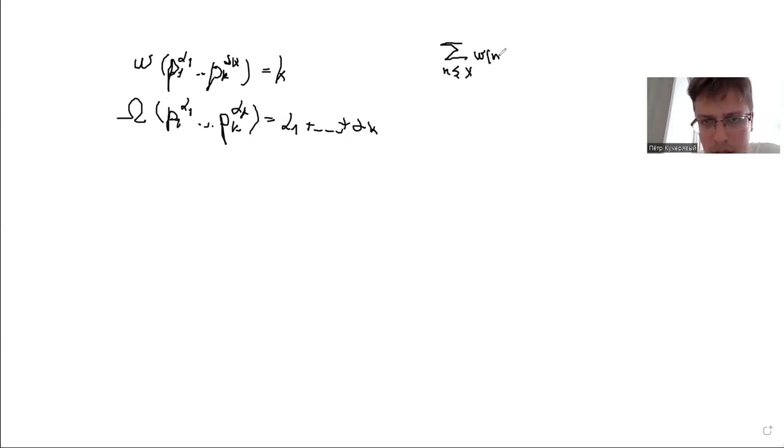I think someone can do this problem. It's not hard. So what's this by definition? It's the sum over n less or equal than x of what? I want to write omega of n as a sum over the primes, and then change the order of summation like we did in the first seminar.